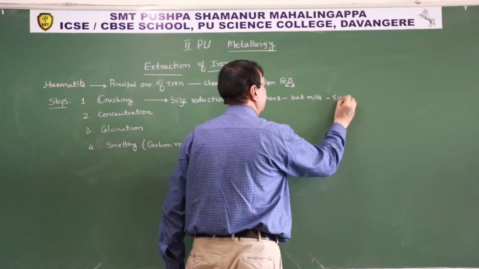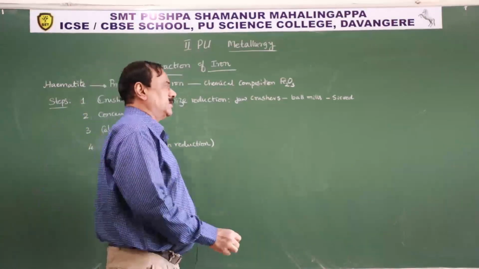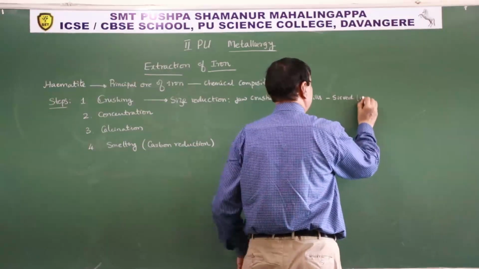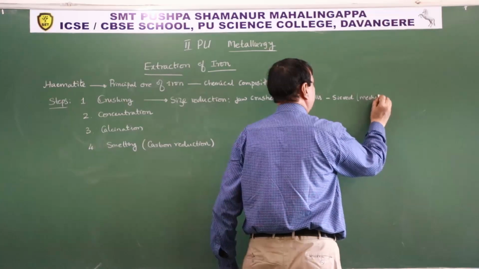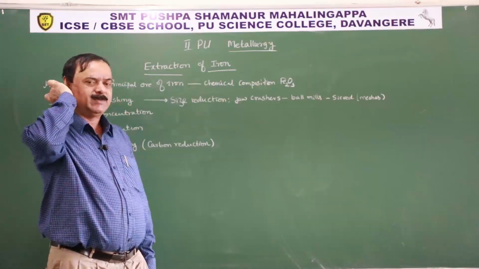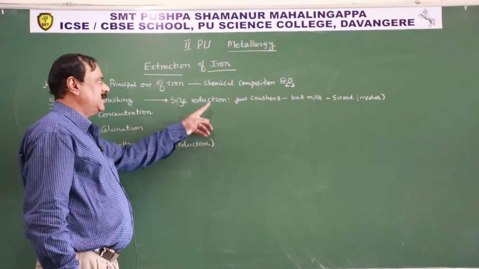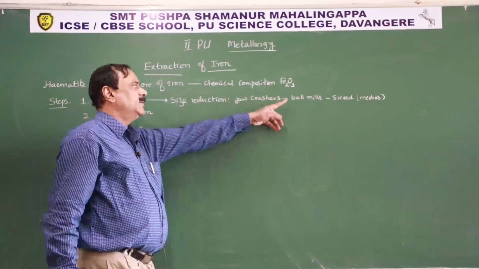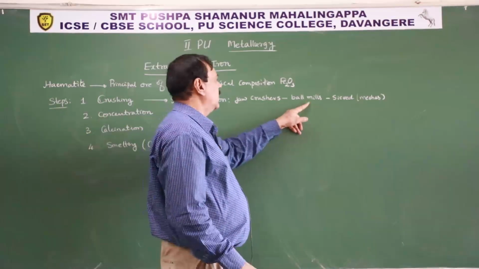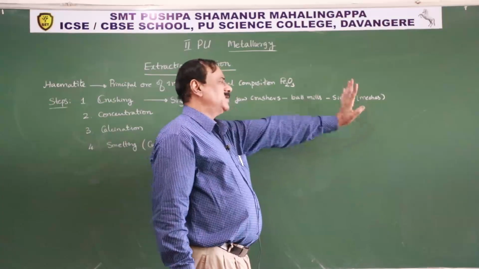Finally, it is sieved by using meshes in order to obtain the smaller particles. Is it clear? Hematite ore is crushed in jaw crushers and powdered in ball mills, and it is sieved to get the required size particles by using meshes.